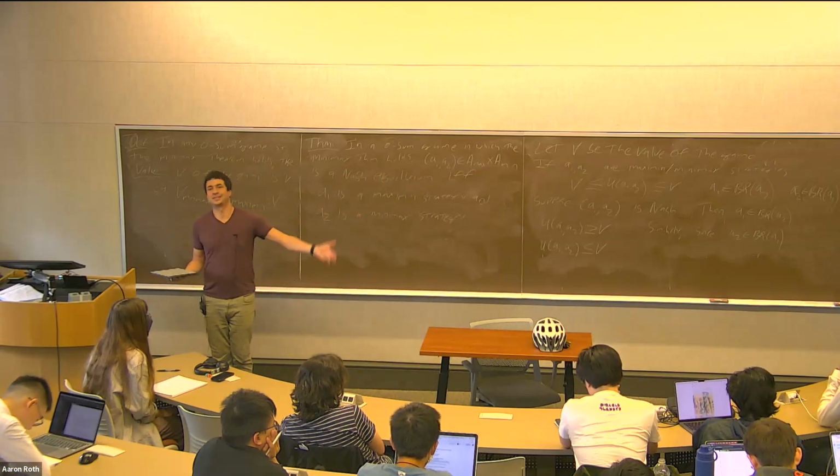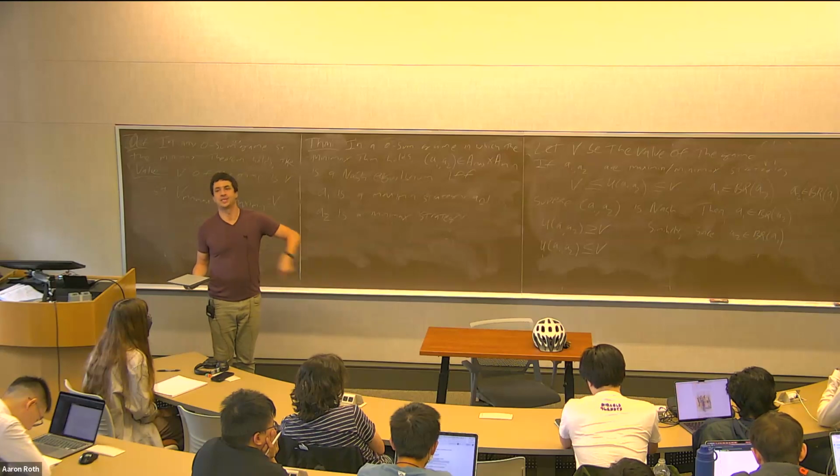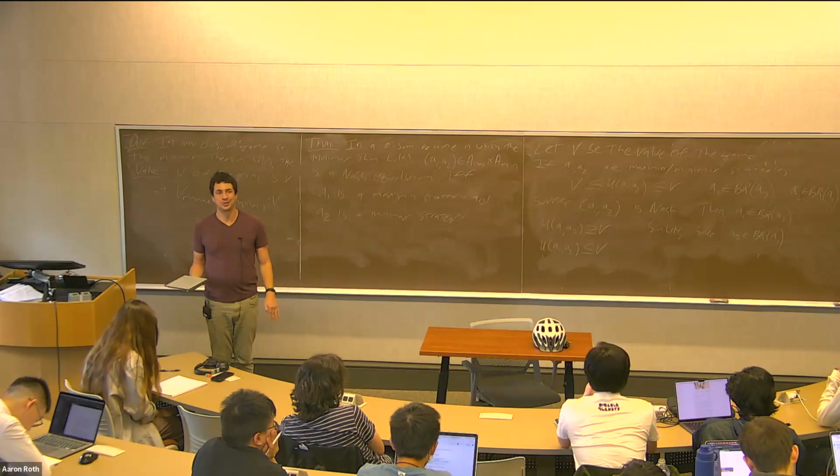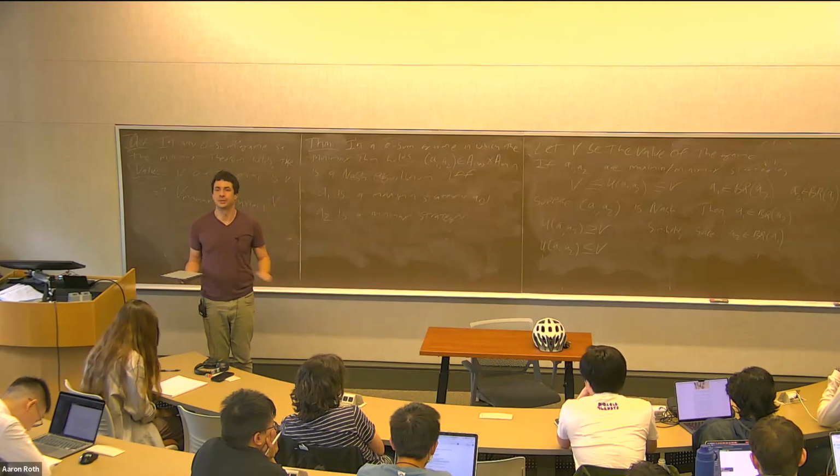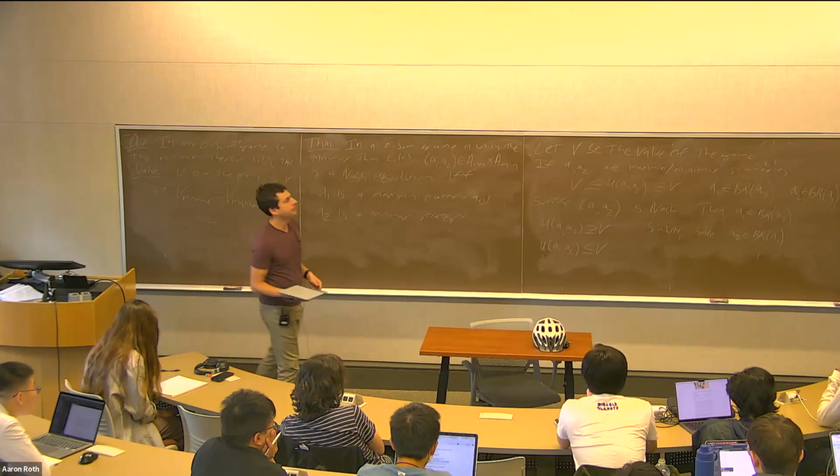Since if one of them wasn't, then the other player best responding to it would have obtained utility either strictly above V or strictly below V. So the reverse direction is true as well.